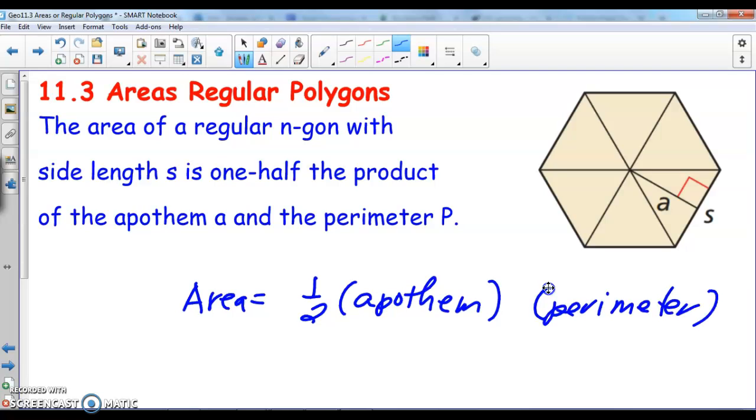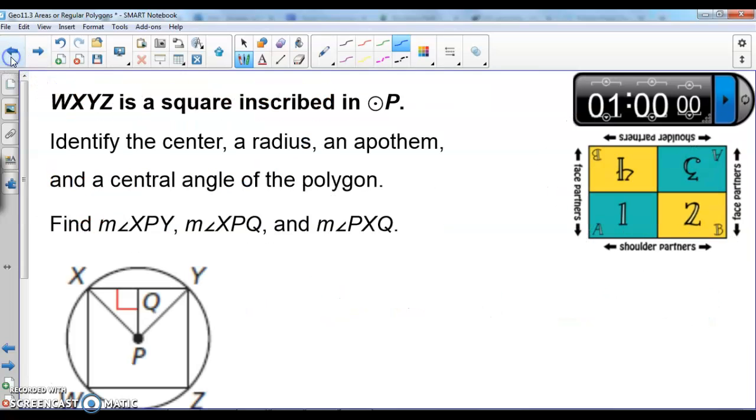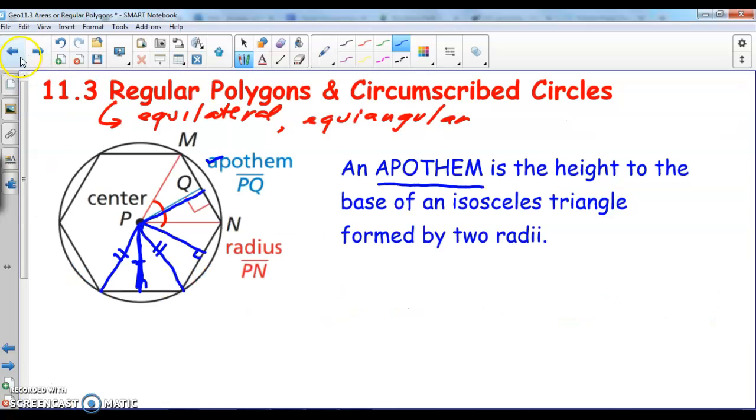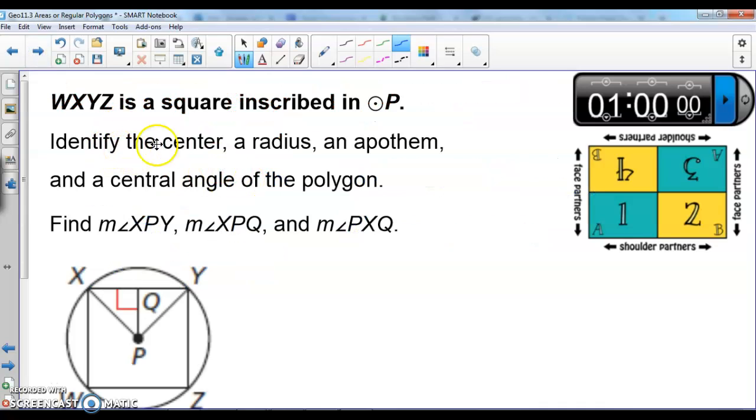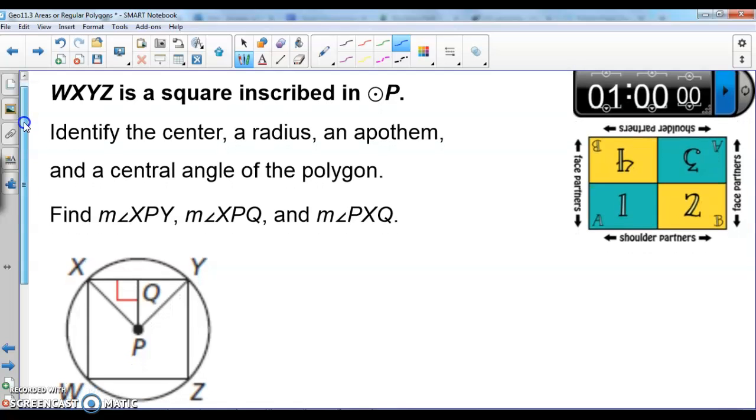There you go. And perimeter is the sum of all the sides of the regular polygon. So if you know that one side is S, then just multiply it by the number of sides. Let's go 2 slides backwards. So let's have an example here on how to identify the parts and measure central angles.